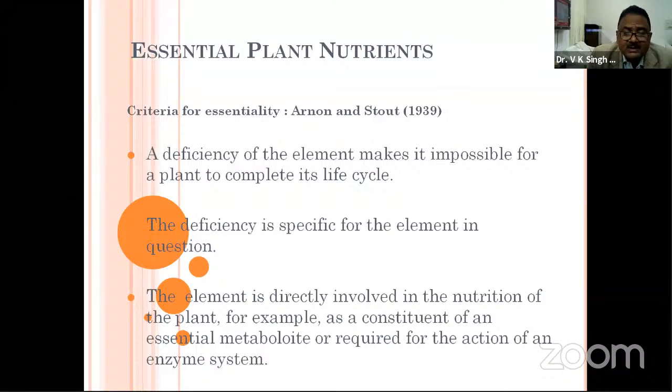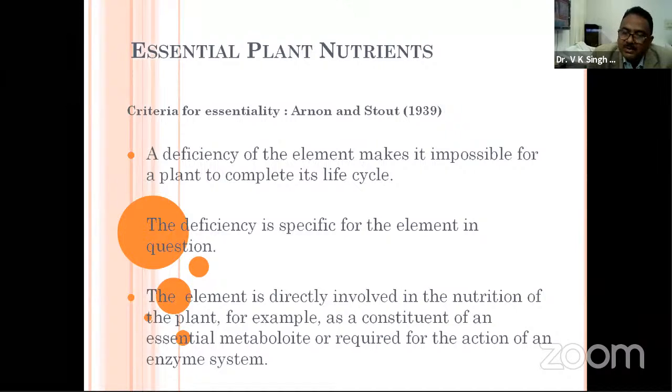It means these elements are directly involved in plant physiological processes and metabolism, and those decide your sink. Sink means your production, either grain production or whole plant production, like sugarcane or wheat or whatever we consume. So the physiological processes are all governed by these elements. These are the 17 elements; recently nickel was added in 1987, earlier there were 16. So 16 elements are very essential.